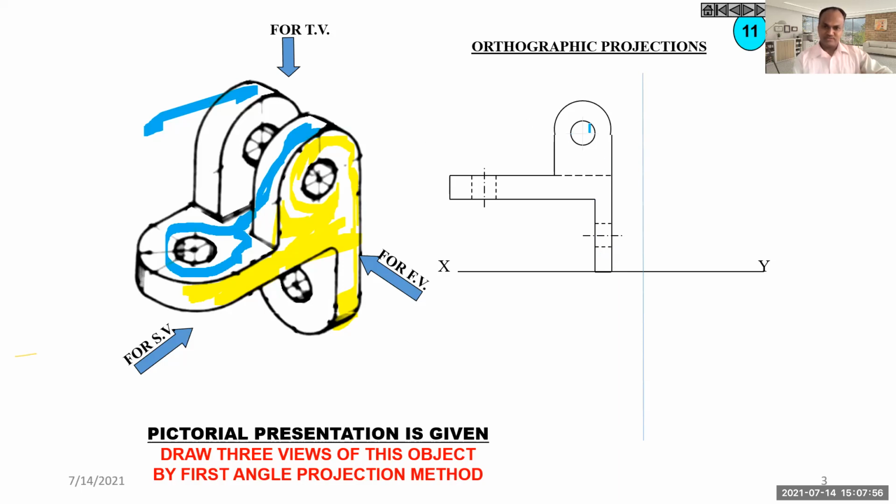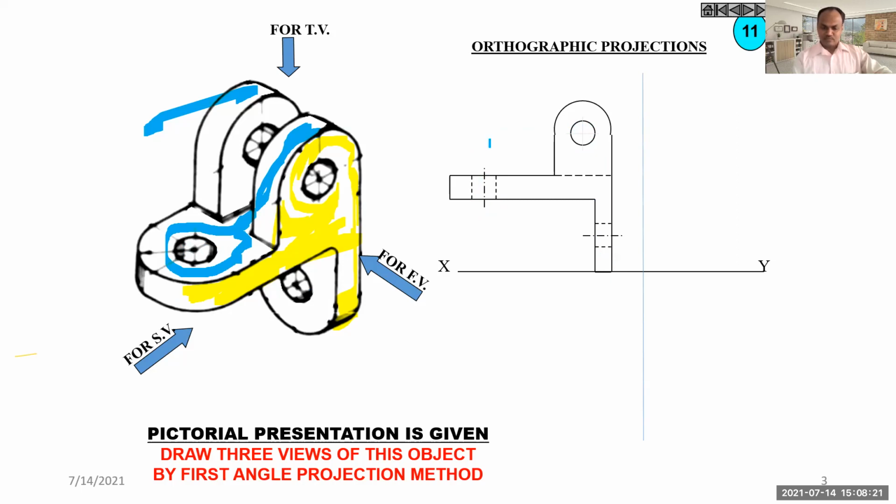In front view, this circle is completely visible, so I have drawn a complete circle. This hole is not visible, that's why I have shown it by a center line with two dotted lines. Always remember, a circle will be represented by a center line, and if it is invisible, I'm going to show it with two edge lines, that is, dotted lines.